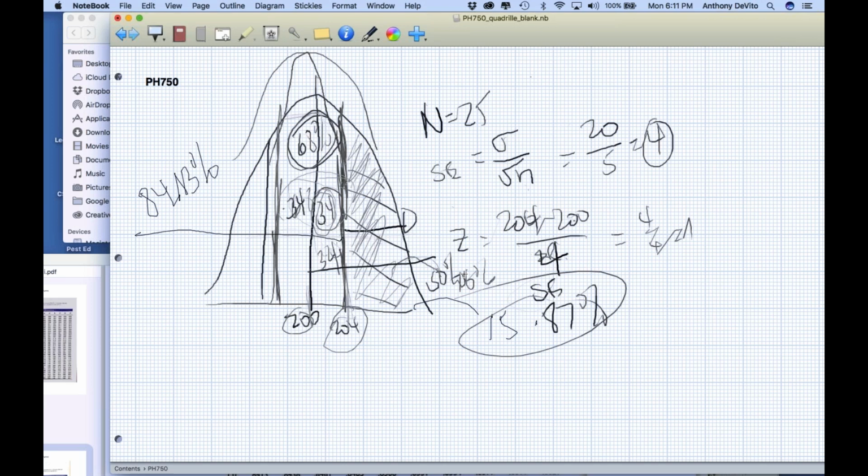Okay, remember we did this whole thing with the empirical formula, and we said 95% of the population of the outcomes is between 2 standard deviations below and 2 standard deviations above the mean.